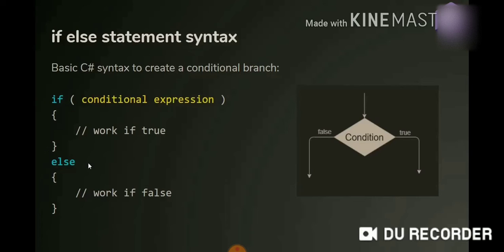The conditional operators and logical operators allow you to write the syntax to build the conditions, and now that we can build the conditional expression, we can implement a condition block. In C sharp, the syntax we use is called the if else statement. The way it works, you have the keyword if followed by the condition we want to test, and then we attach a code block to the if statement.